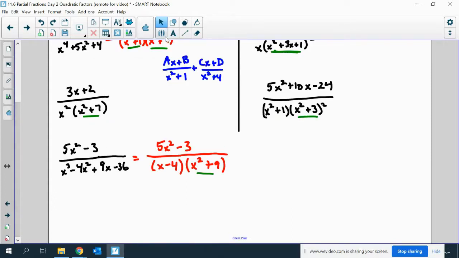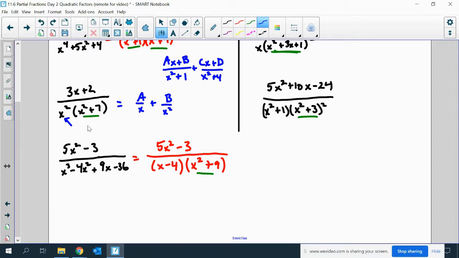Now, if I'm writing this one, notice I have this x squared. That's a repeated linear term. So I already know how to do repeated linear terms. I would have A over x plus B over x squared. And notice that this is treated as a linear term that's squared rather than a quadratic term that's not squared.